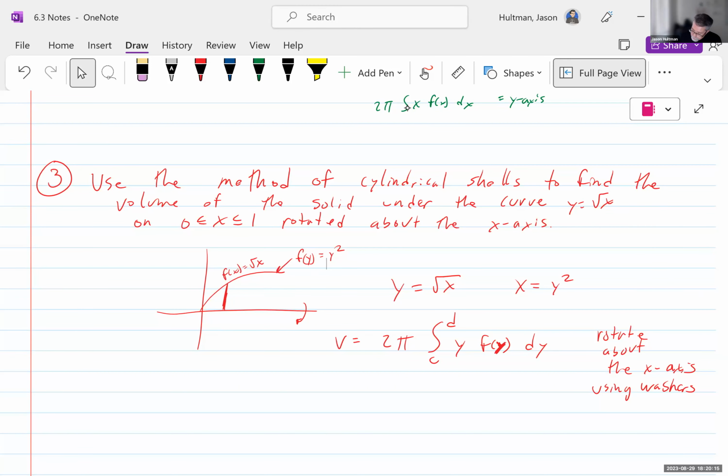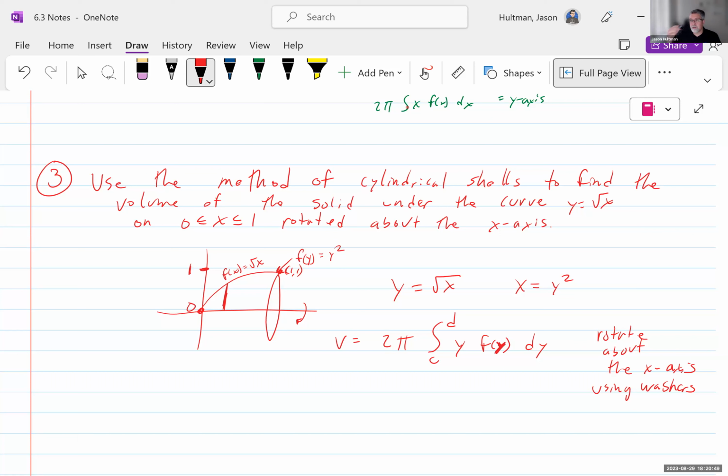Okay, so my limits of integration have to go from 0 to 1. Okay, so they have to go from 0 to 1 because this point here is at 1, 1. Okay. So I don't want to go from -1 to 1 because then I would get both of them rotating and spinning and I would create a double volume.